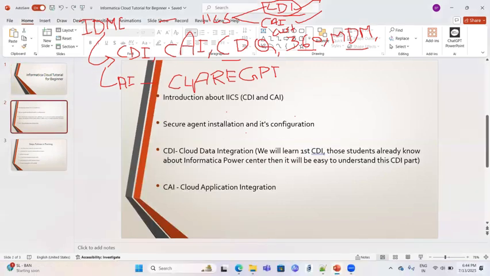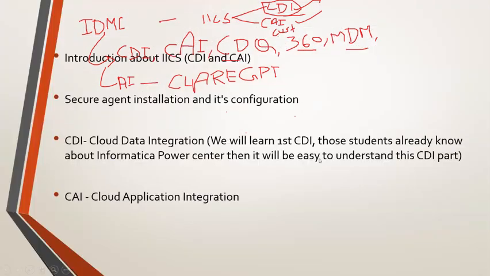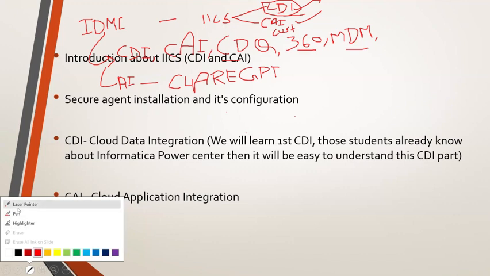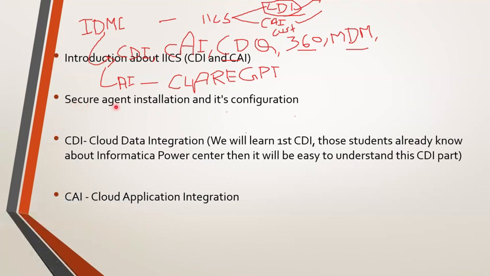Next, what will we cover under this? We'll cover an introduction to IICS, CDI, and CAI. After that, Secure Agent installation and scope. Why do we talk about the Secure Agent? Because those who are going to work on IICS in a cloud environment require a Secure Agent.